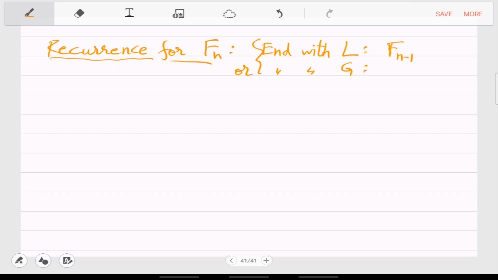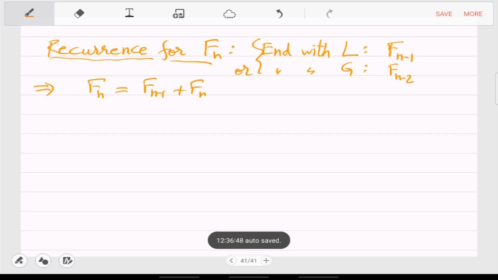Because before L, the beats is exactly n minus 1. And when it ends with G, then it's n minus 2, right? So this means that by the sum rule, Fn is equal to Fn minus 1 plus Fn minus 2, right?